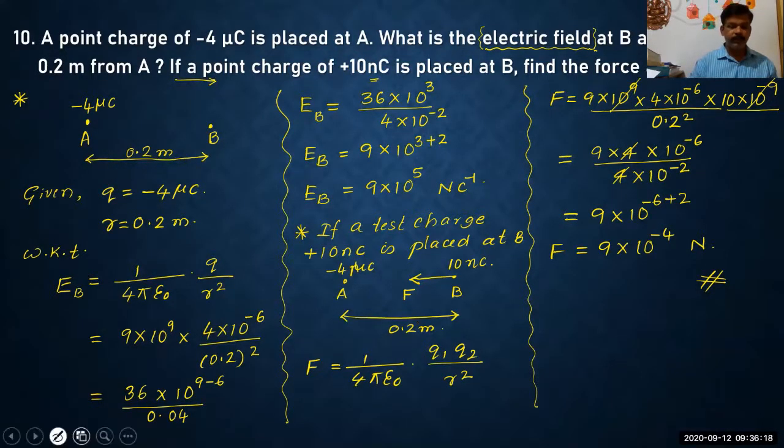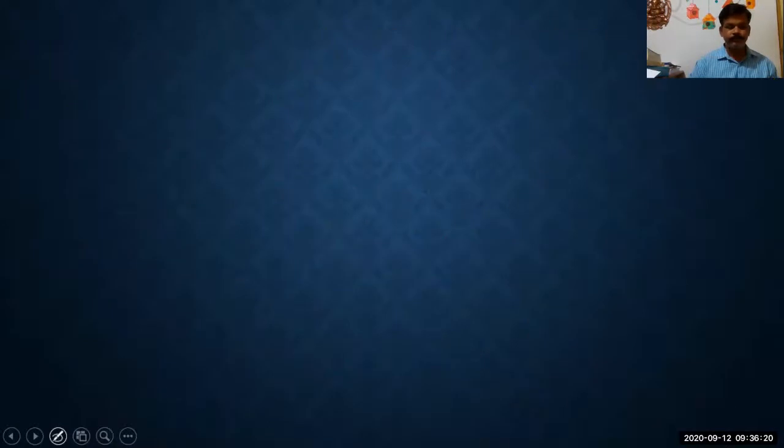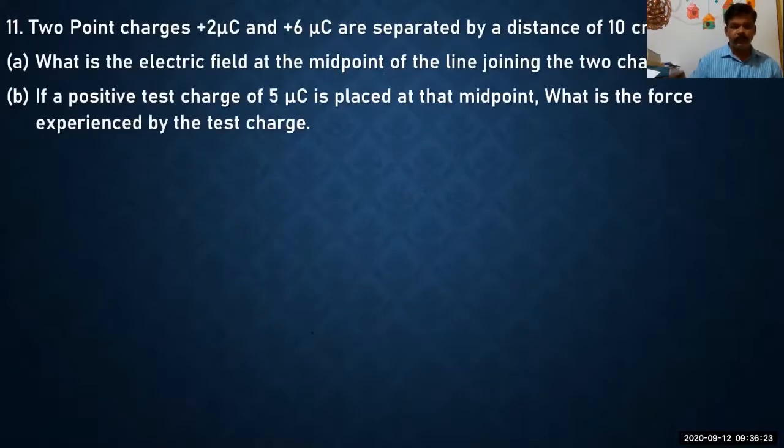Now I continue with the third problem. Yes, a very interesting one. Two point charges, plus 2 microcoulomb and plus 6 microcoulomb, are separated by a distance of 10 centimeter. 10 centimeter is nothing but 0.1 meter.